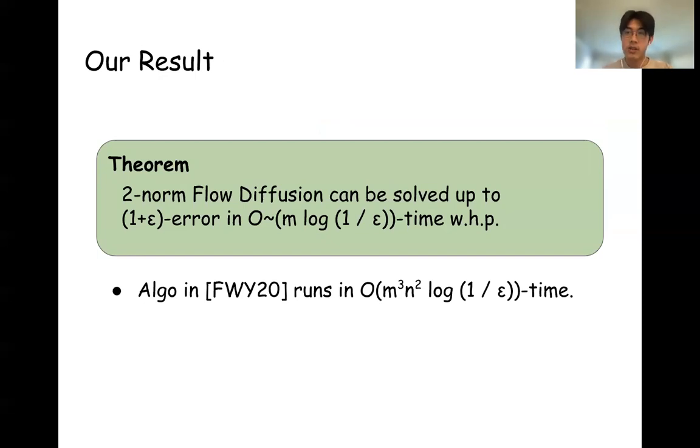So our algorithm is actually randomized, and it would be interesting to make it deterministic. And for comparison, the original algorithm proposed has this huge runtime of n cubed times m squared, which is not that nice.